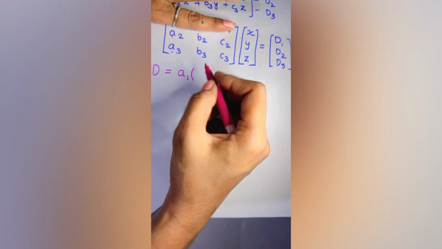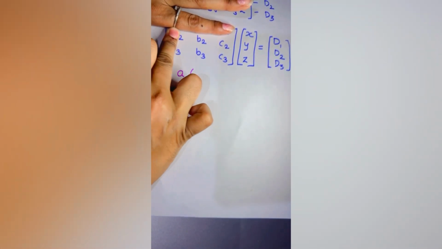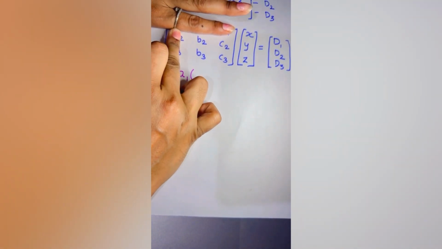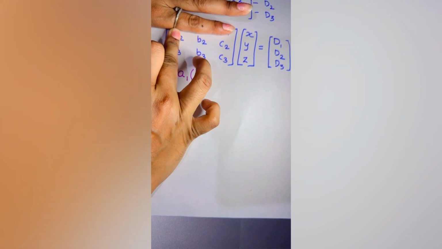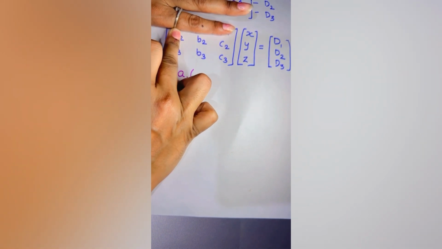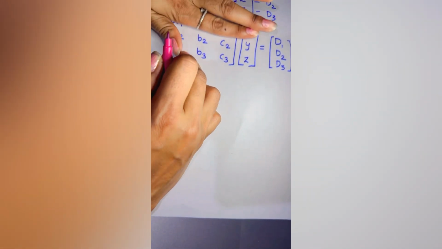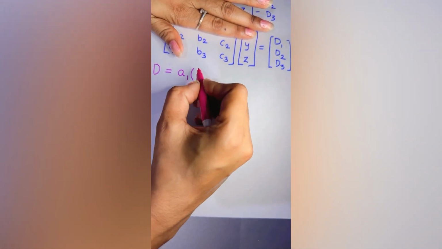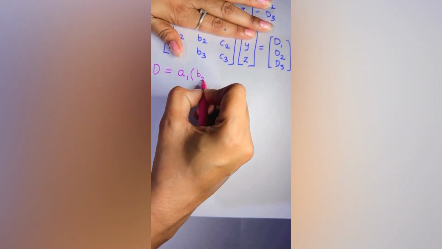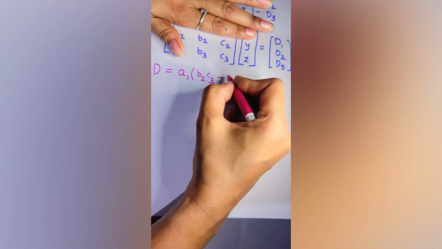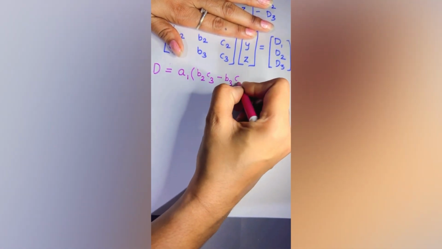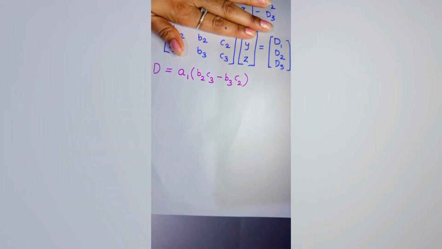After closing the first row and first column, b2, b3, c2 and c3 remain. So calculate the determinant of this: b2 c3 minus b3 c2. Okay.